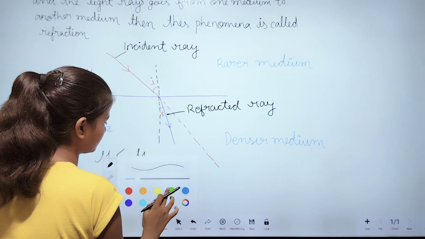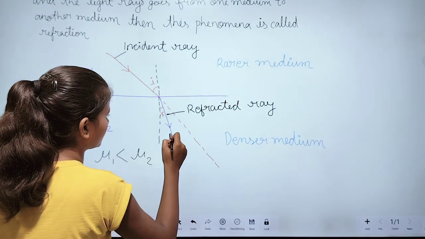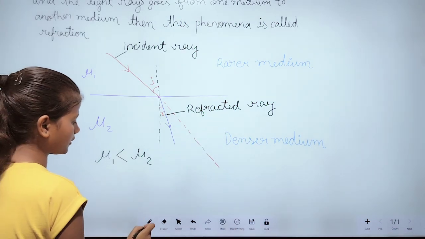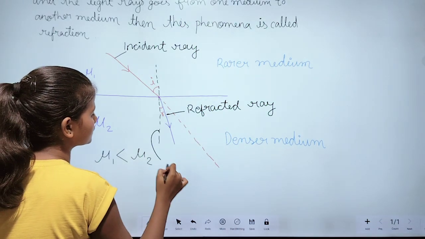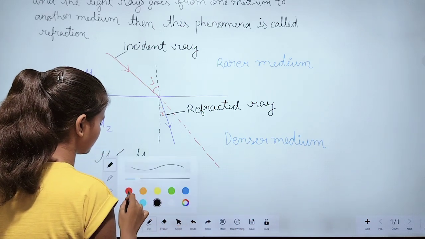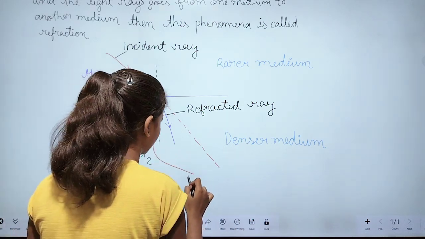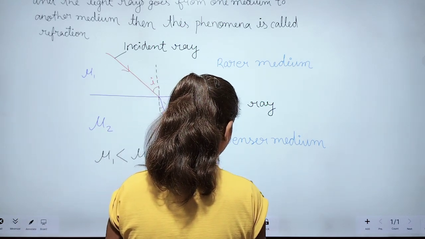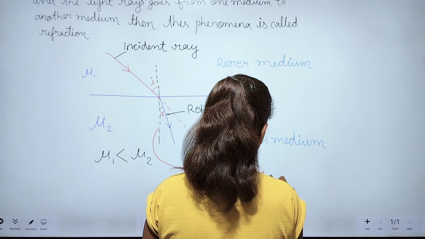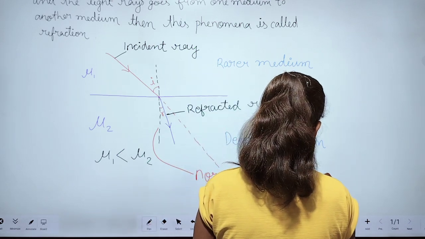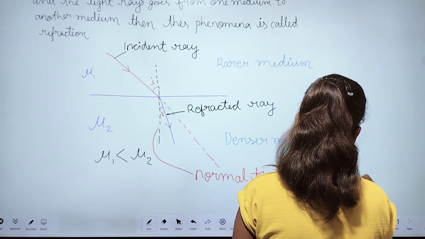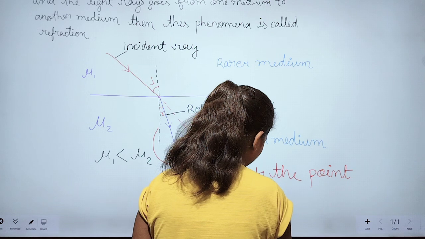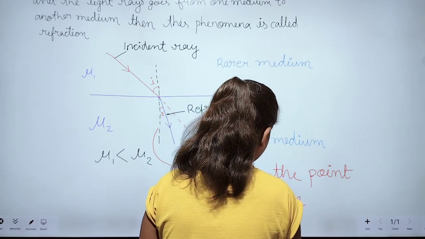This one is our refracted ray. And this one is the normal to the point of incidence.